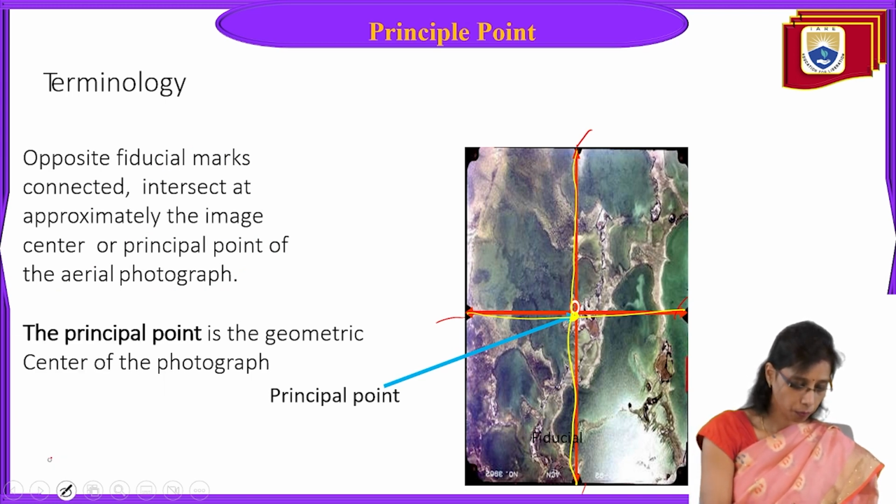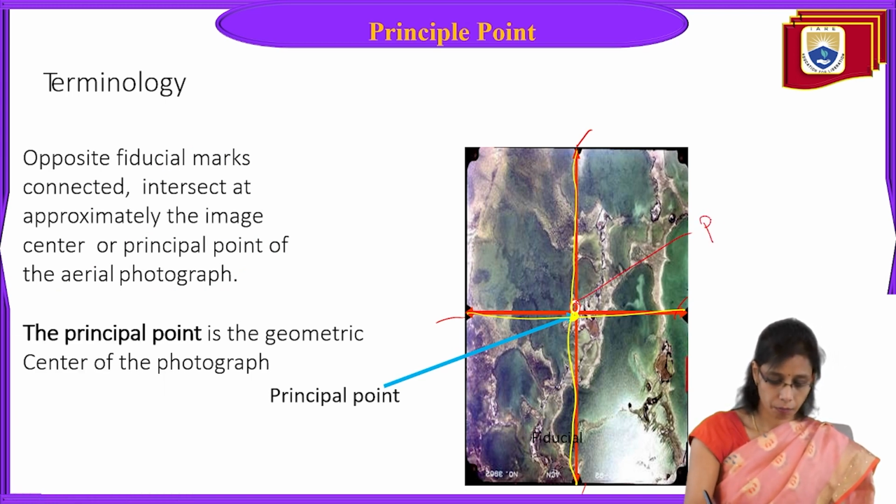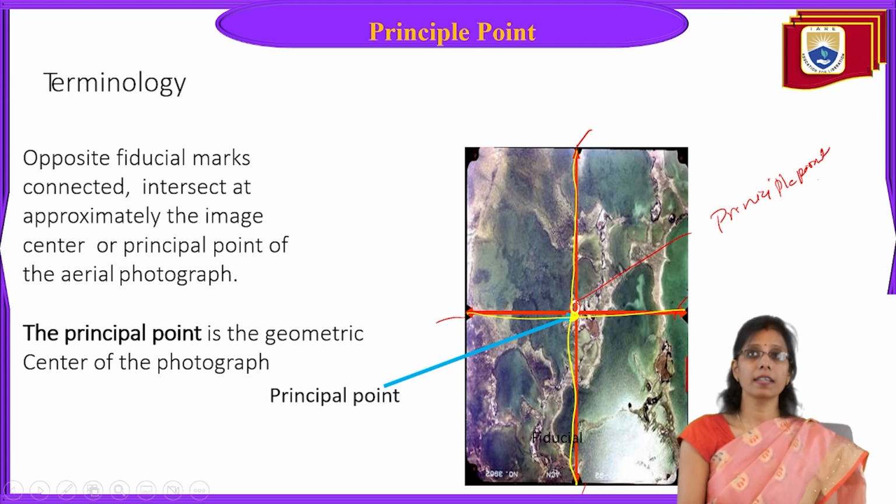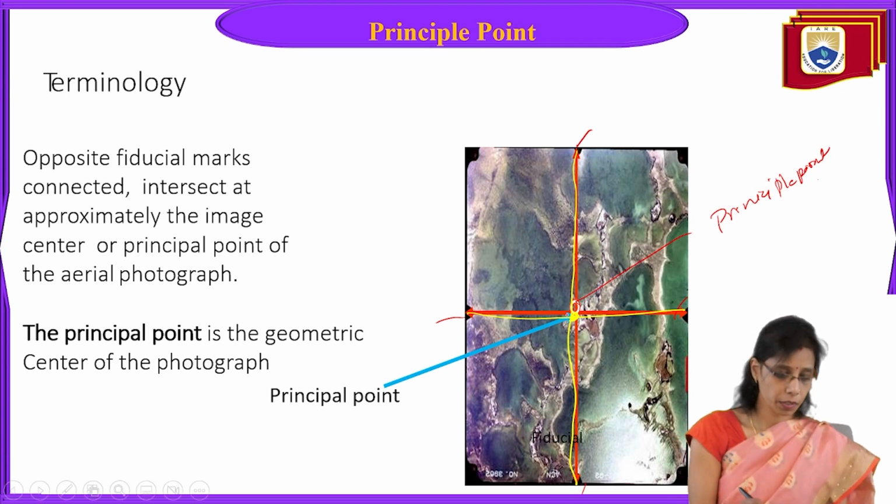So what is the principal point? When you join these 4 marks together, we get a center. This center is called the principal point.